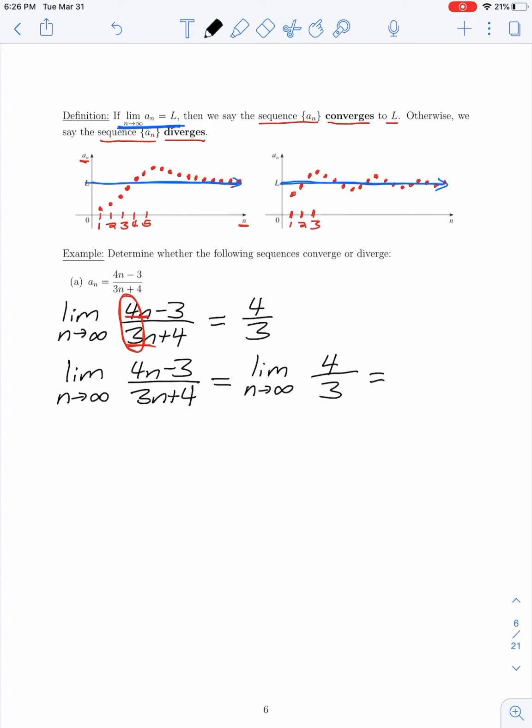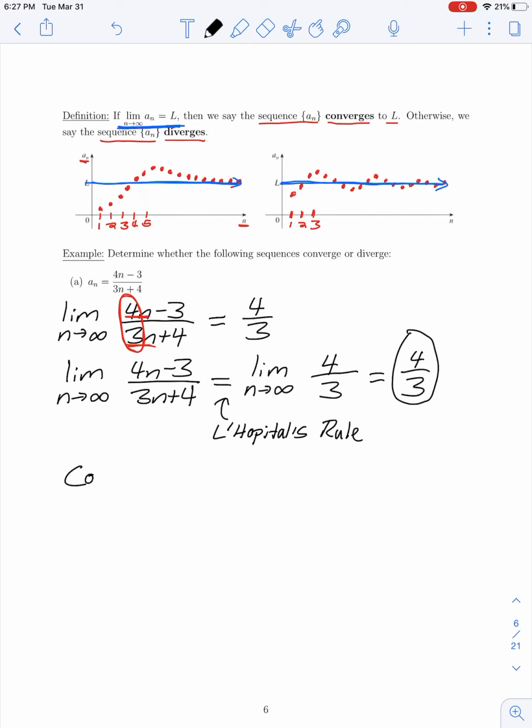So differentiating the numerator, we would have 4, and differentiating our denominator, we have 3. And now the limit of a constant 4/3 would be 4/3. So in this second case, we were applying L'Hopital's rule.